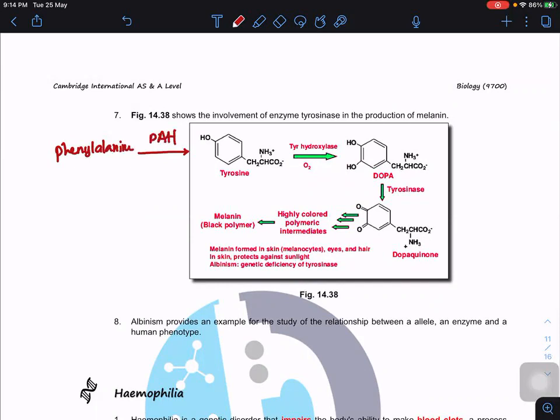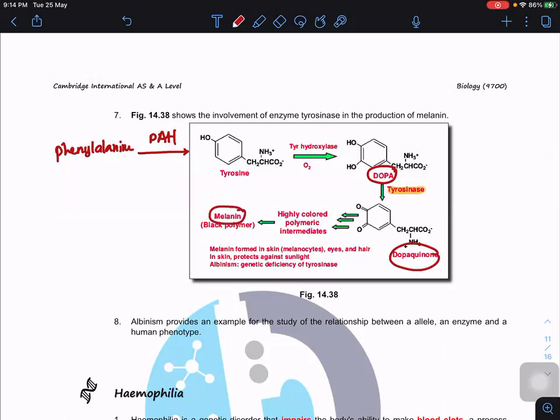The enzyme affected here is tyrosinase. Tyrosinase is the one that converts DOPA into dopaquinone, and dopaquinone will be converted to melanin.